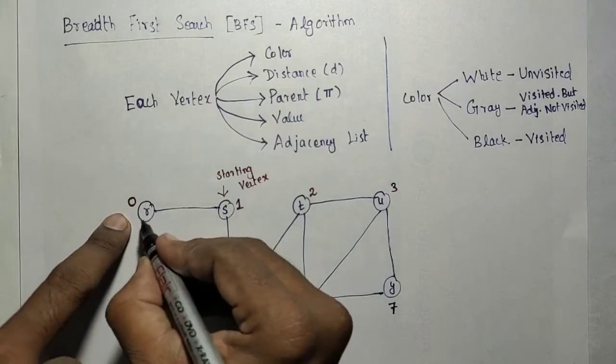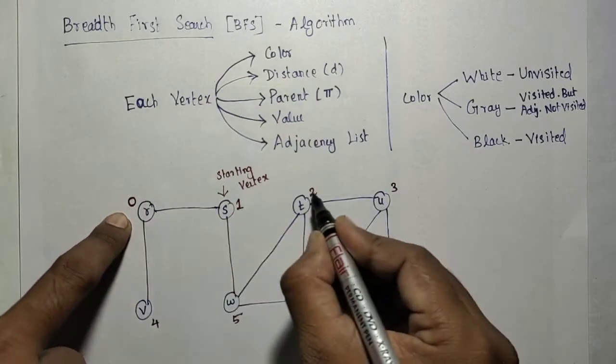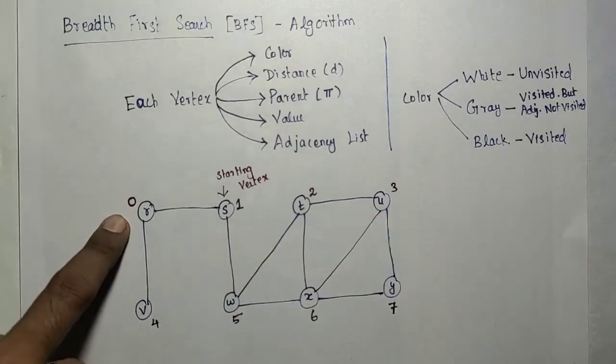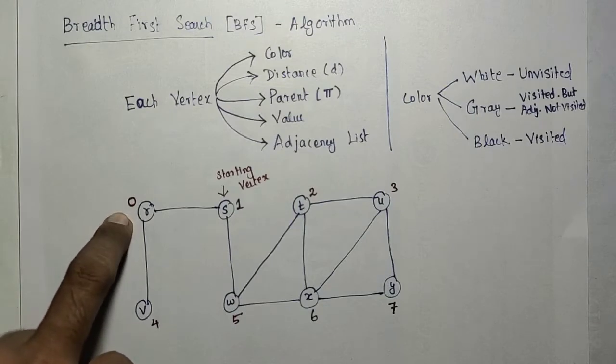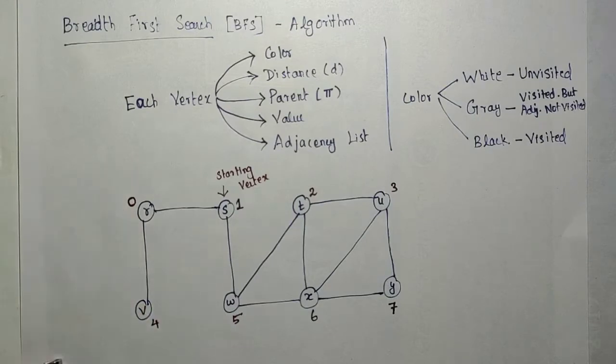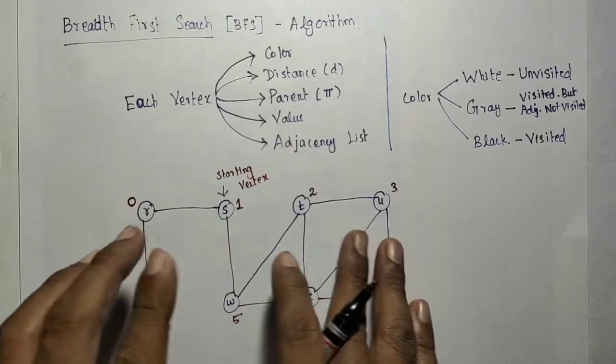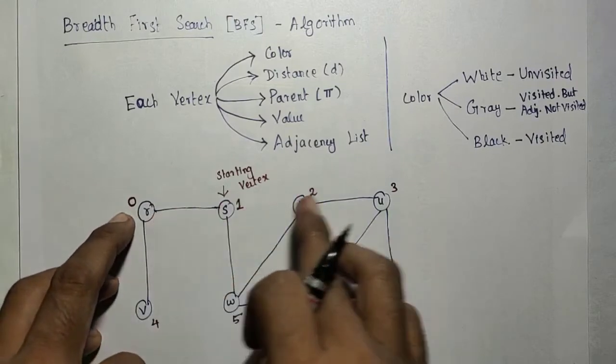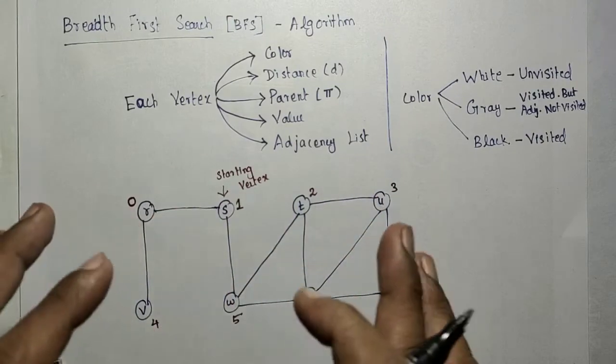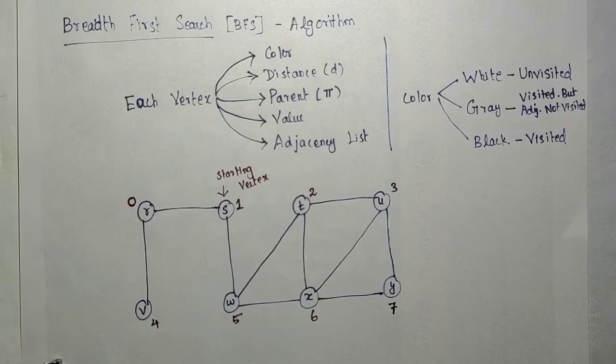Instead you can take this node as node 0, 1, 2, 3. The value itself I'm going to store as 0, 1, 2, 3, 4, 5, 6. Correct? So when you draw the graph on paper, just assign the indexes. Then those indexes are going to be used as values in the algorithm.